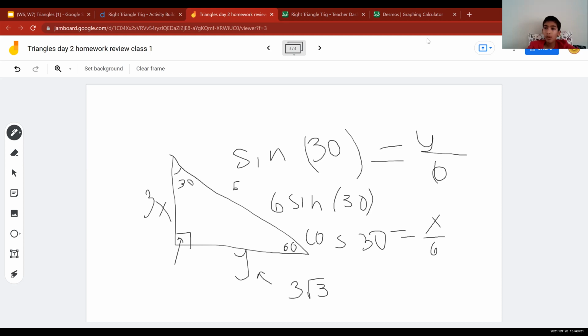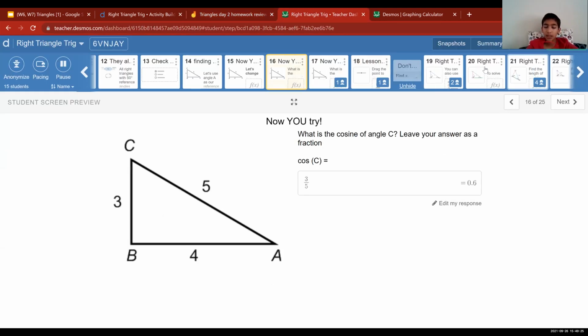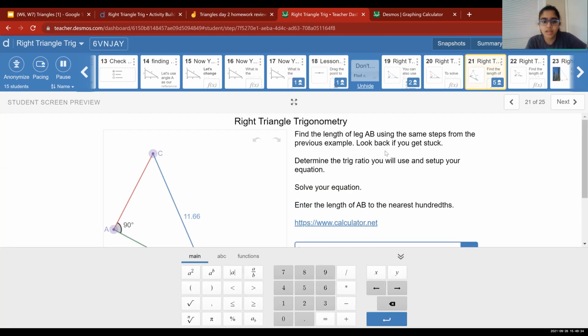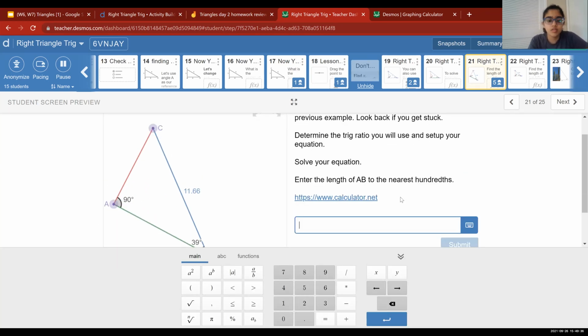Okay, so on problem 21, would the answer be number 3? Find the length of AB. What trigonometric ratio has adjacent and hypotenuse? We know that's cosine.